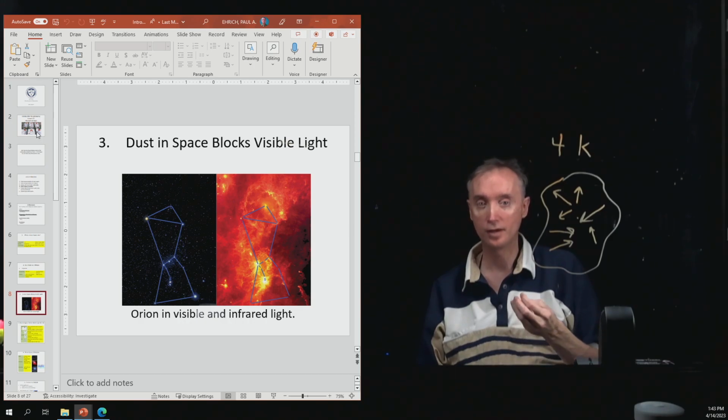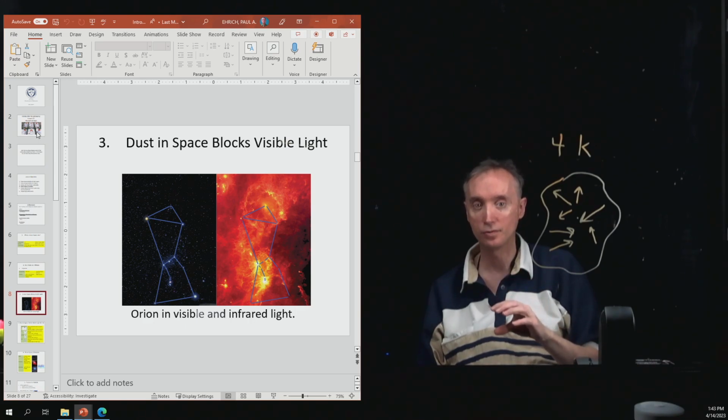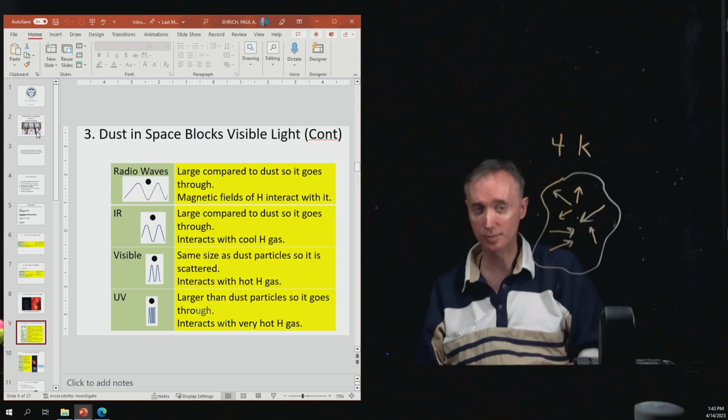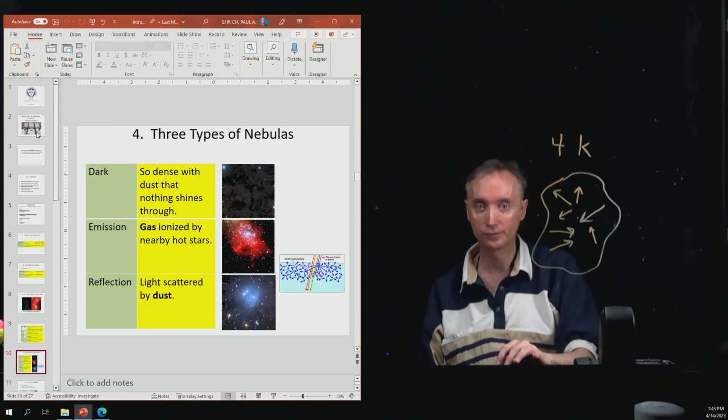So if an astronomer wants to observe stars without seeing the effects of dust, they observe the stars in infrared light. There is an explanation for it involving the diffraction of different kinds of light caused by the dust particles. Don't worry about it. That's not going to be on the exam.